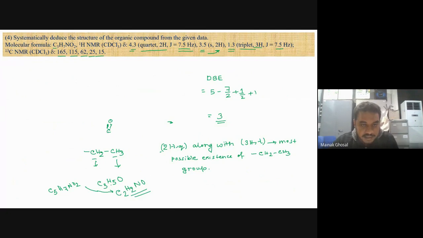So here there is a chance that it is attached to some electronegative atom, either nitrogen or oxygen. Then this oxygen or nitrogen will pull electron density over the carbon. So this carbon's electron density will be much more increased. This will be more shielded. The delta value will be low.